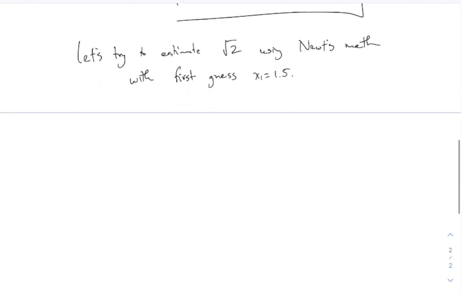First of all, you need to choose the appropriate function. This is sometimes tricky, but in this example I already told you what function we're using. It will be x squared minus 2 equals 0. This is the function whose root is the square root of 2, and also negative the square root of 2.